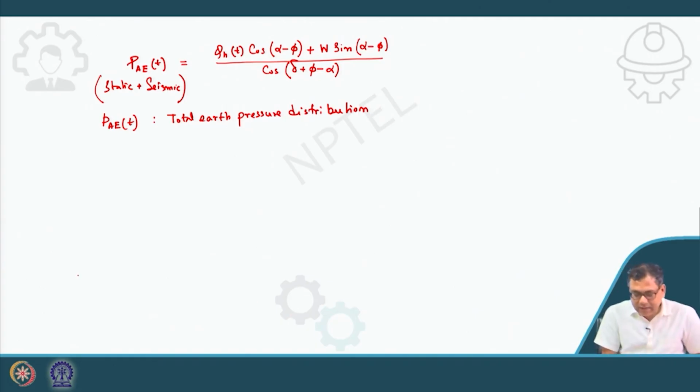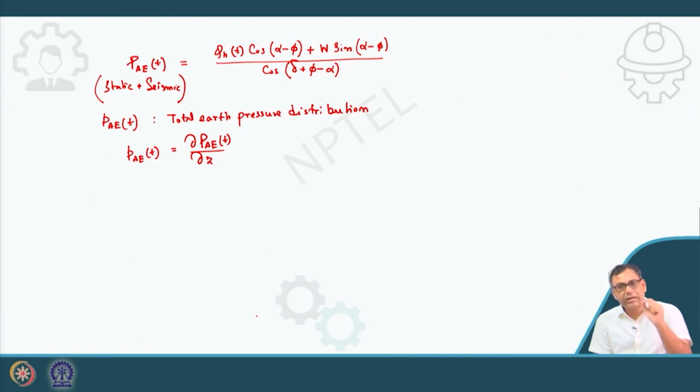So, how will I get that? Capital PAE is the total force, active force, static plus seismic, but small pAE is the earth pressure distribution. So, that I can get if I differentiate the capital PAE by del Z, because now this earth pressure is a function of t as well as z.